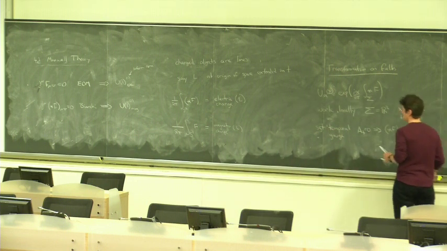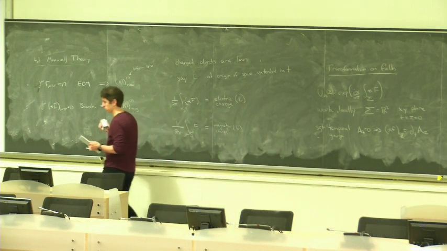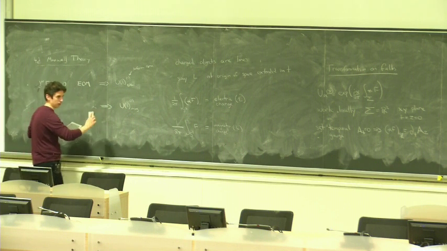So this is another way to define what you mean by inserting this operator into the path integral and to compute correlation functions. You integrate only over A's with that behavior.